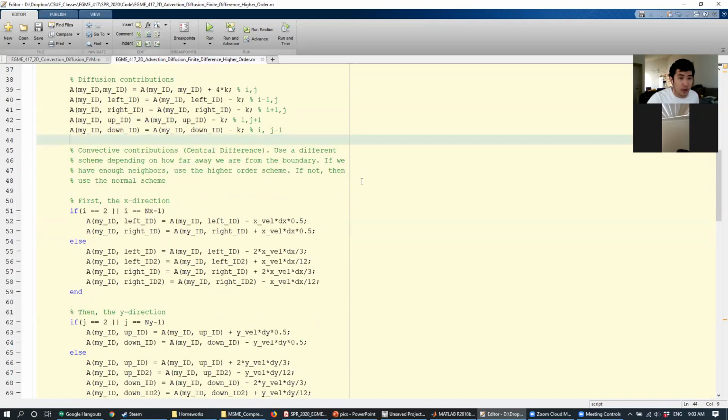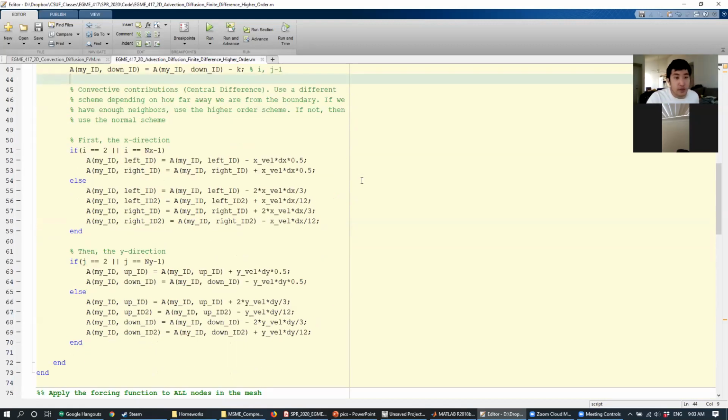So now we get into the derivatives. First we check the derivatives in the x direction. So let's look at this first line of code here. This first line of code says that if I is equal to 2 or I is equal to nx minus 1, these are very special locations.